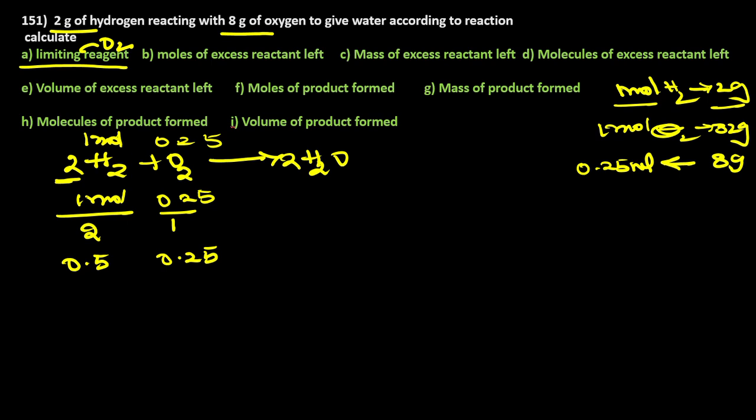The second question: how many moles of excess reagent are left? Before going to the excess reactant, you need to do one thing. This calculation is only for detection of which is the limiting reagent, but how many moles are converted into products, how can we know this?